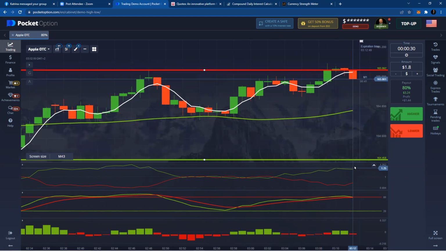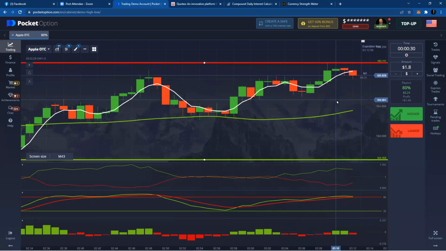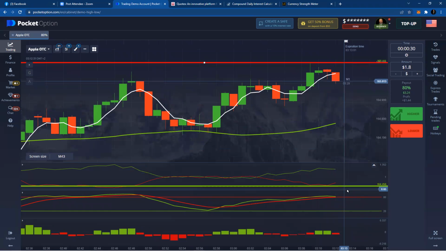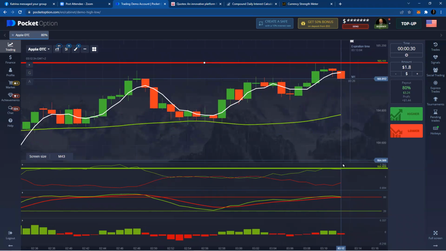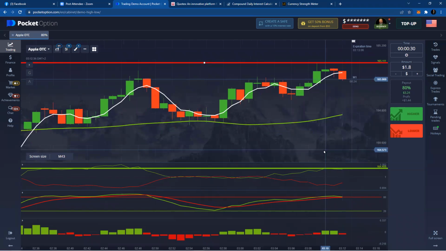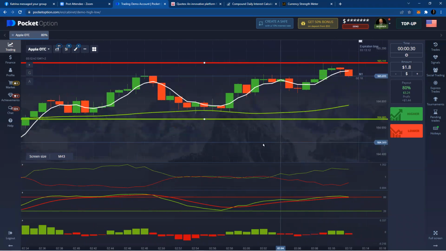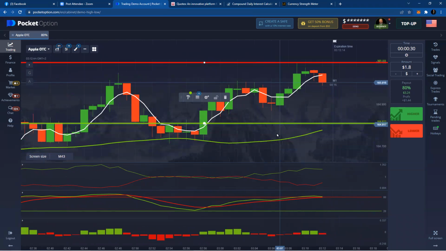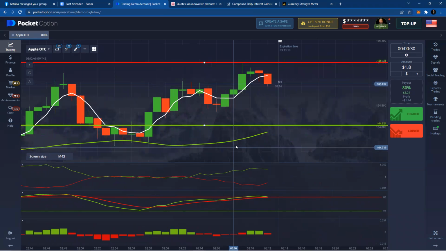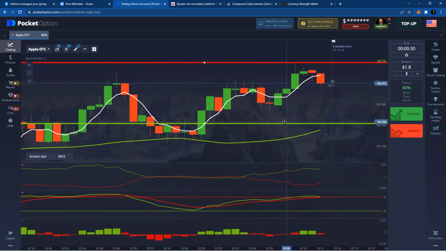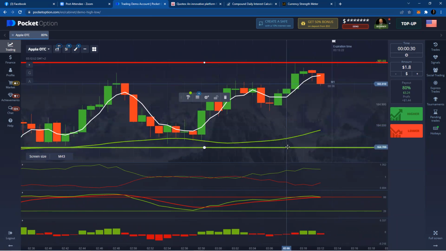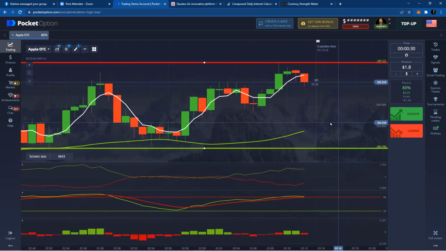And as you can see, the line is going to move farther down because this resistance level got broken a little bit. So my new resistance is up here, okay? And we're looking at the support level. Let me grab this line over here, bring it up, and bring it right there.